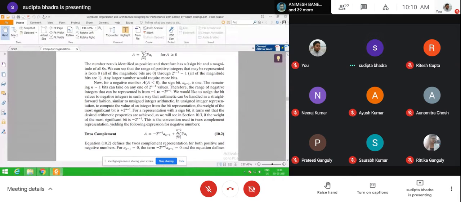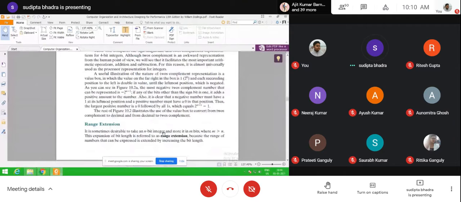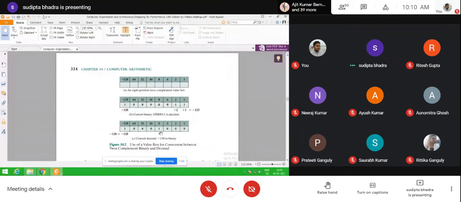The 7th bit is this first term. If a(n minus 1) is 0, then the whole term will be 0. If a(n minus 1) is 1, then the whole term is minus 2 to the power n minus 1.